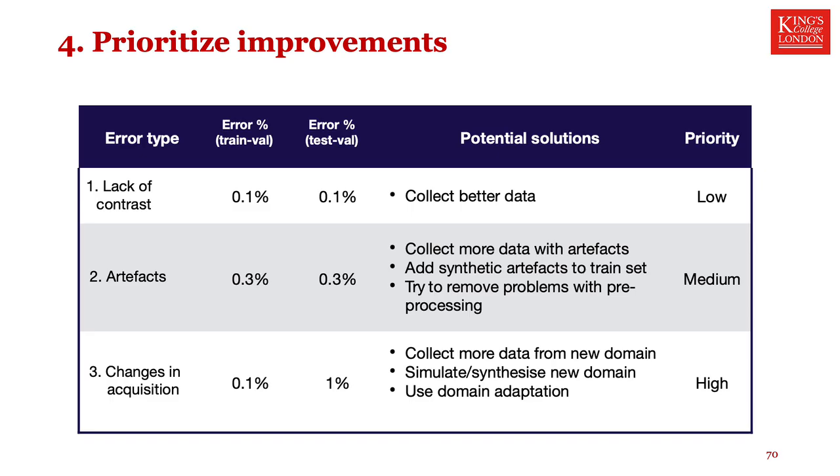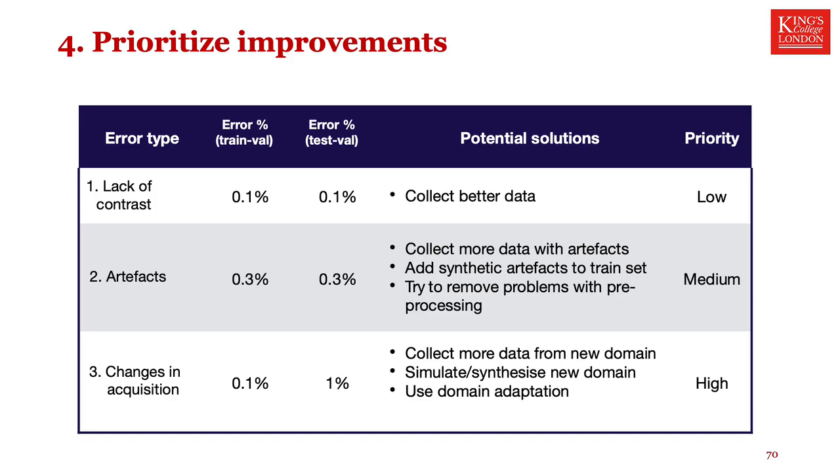If you, for example, have a domain shift, so there are changes in acquisition between training and test set, where your train val error might be 0.1%, but your test val error might be around 1% in terms of the differences in performance, then clearly this tells you that you should collect more data for the new domain, which might not be possible, but you should try to do that.